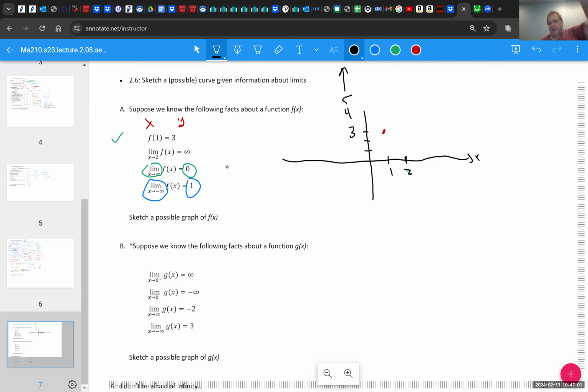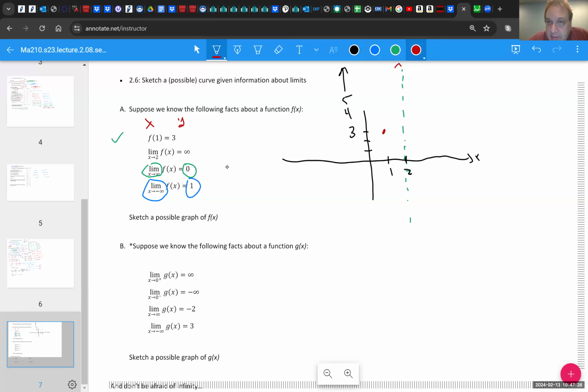So we want y to be going to infinity when x is going to be 2. How do we draw that? Usually we draw that as an asymptote. We put a dotted line, not because you have to, but visually it helps humans to have this sort of goalpost that we're trying to get closer and closer to. So the y value is getting closer and closer to infinity when x gets closer and closer to 2.